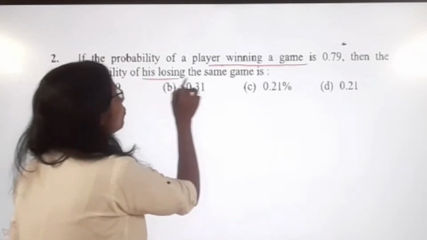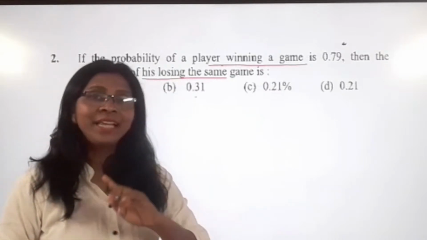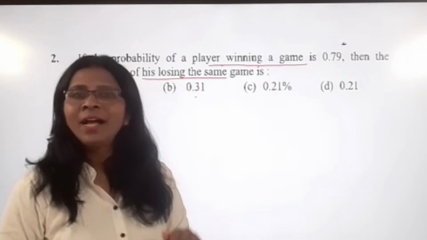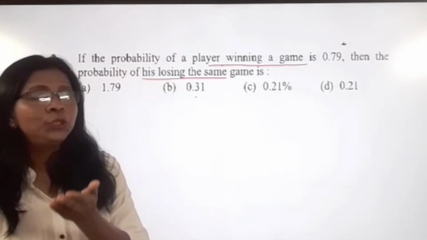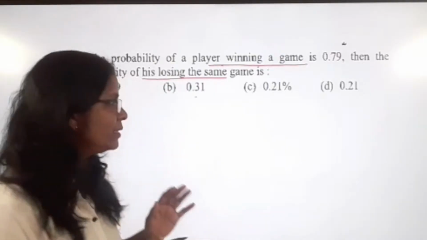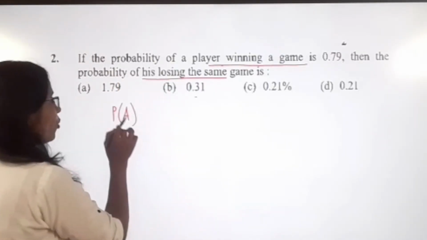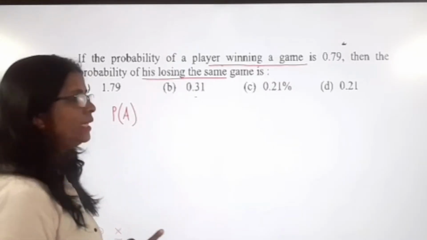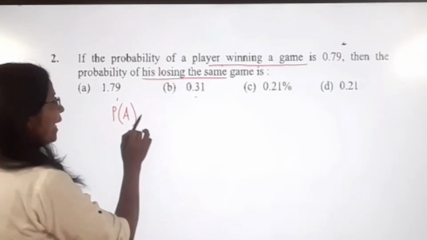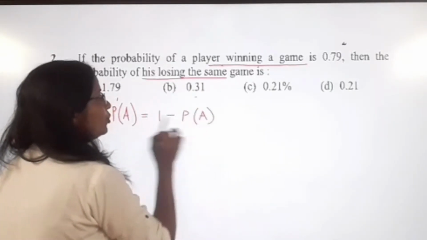So here we say that there is a probability and the inverse of probability, that means the complement of the probability. And we know that suppose you consider the event as A, then the probability of the complement of A is equal to 1 minus the probability of A.